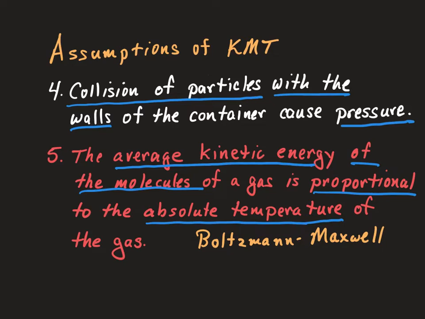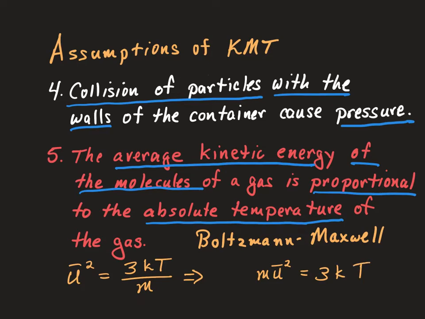One of the important Boltzmann-Maxwell relationships is that the average speed of molecules squared is equal to 3 times Boltzmann's constant times the temperature divided by the mass of the molecule. If we multiply through by mass, we get mass times speed squared equals 3k times the temperature.